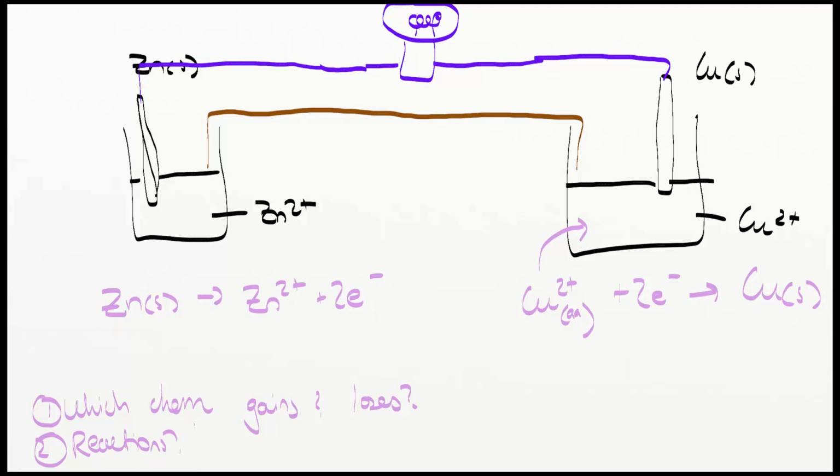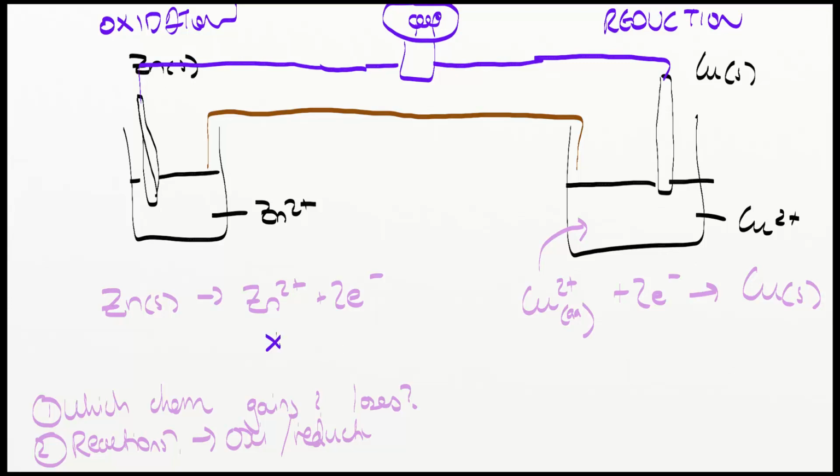The reactions will also tell you which one is going to be oxidation and which one is going to be reduction. On the left side of the picture we have the loss of electrons, so this is oxidation, and on the right side we have the gain of electrons, so this is reduction.